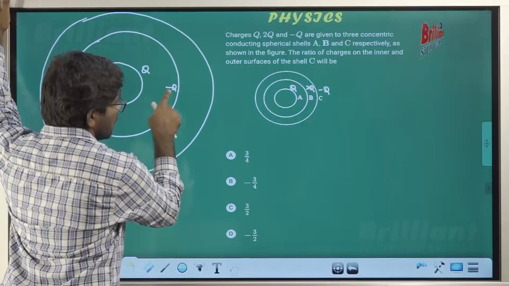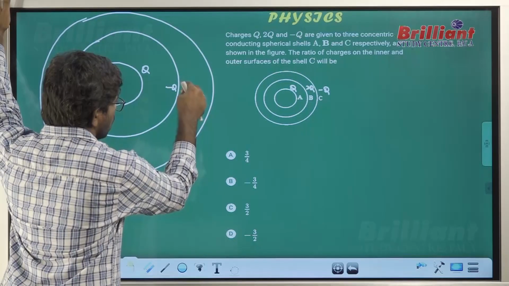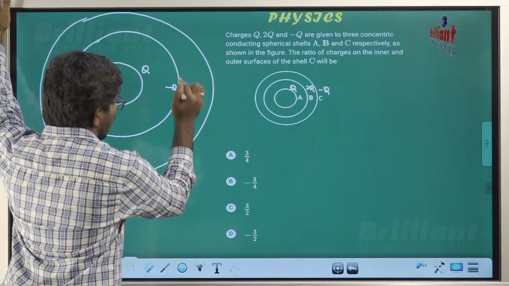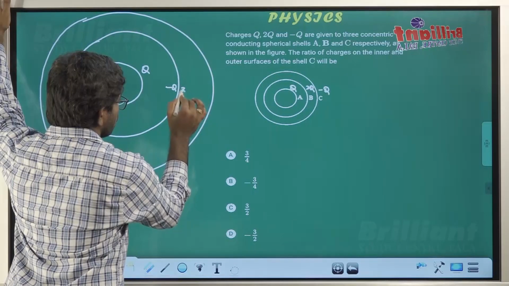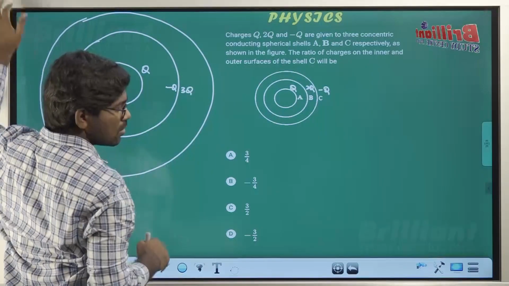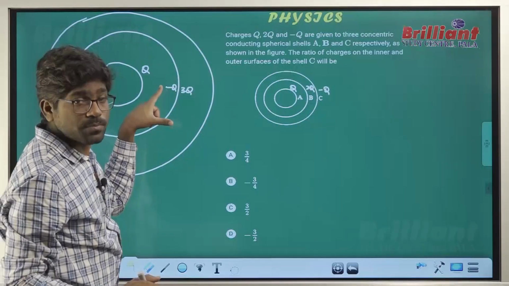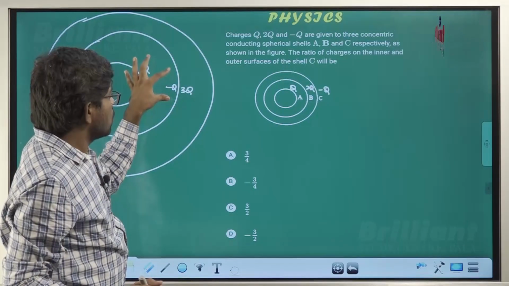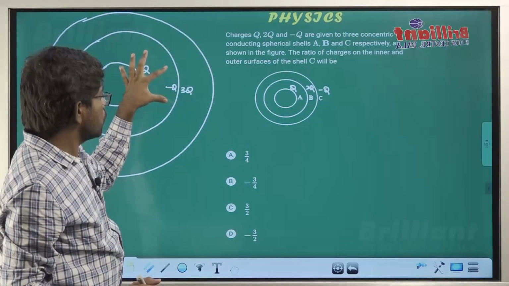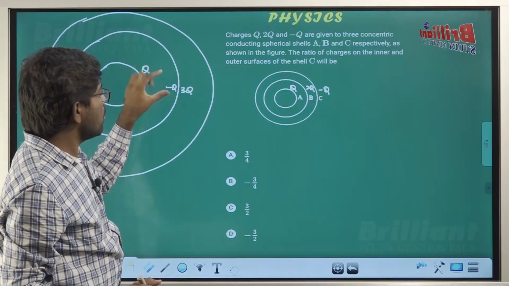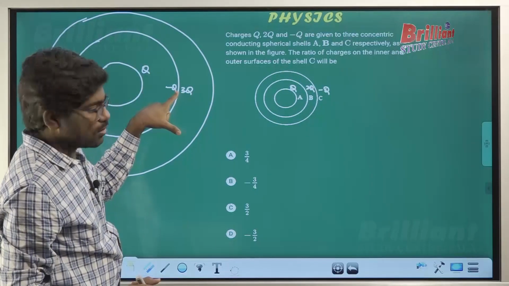If minus Q is coming here, then outside how much it should be? Outside it should be 3Q. Why? 3Q plus minus Q, total is 2Q. Total charge on this will be how much? 2Q. That's why it should be 3Q here.